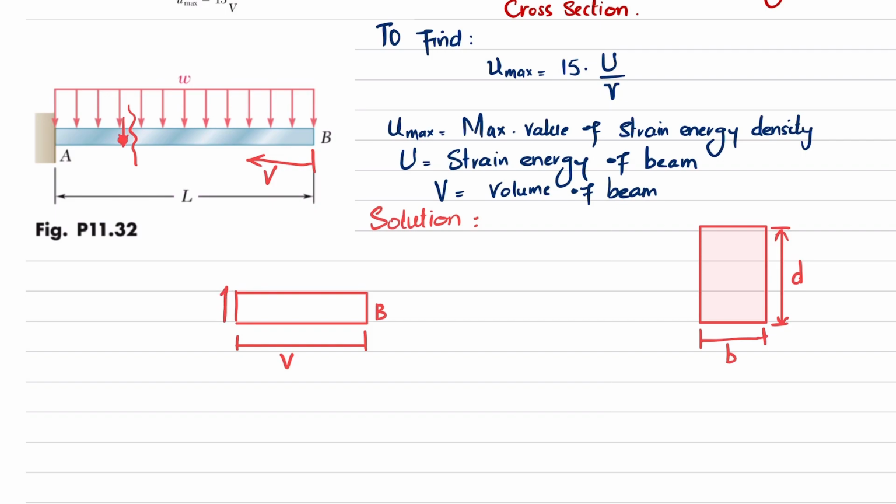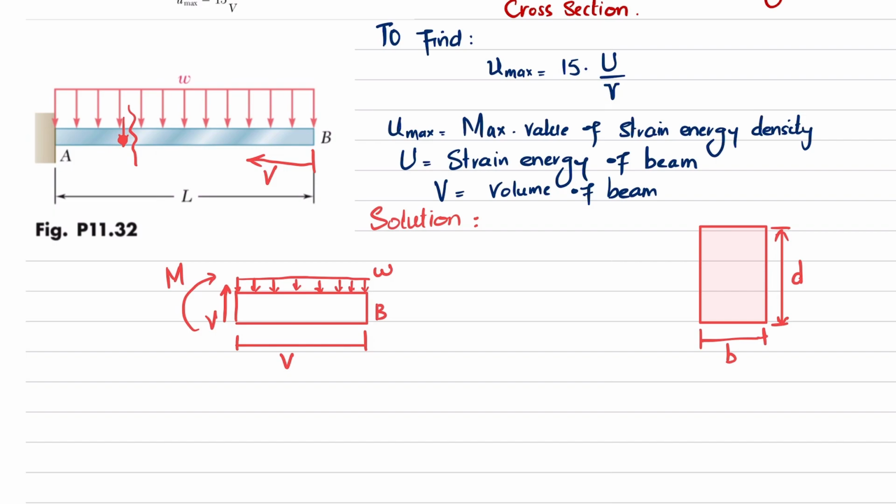So I will write the shear force as V and the external moment as M. And you can see that we have a distributed load equal to W over this portion.